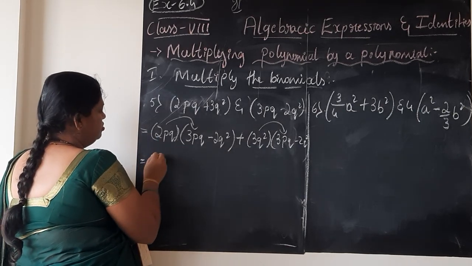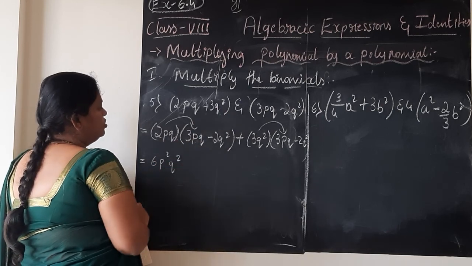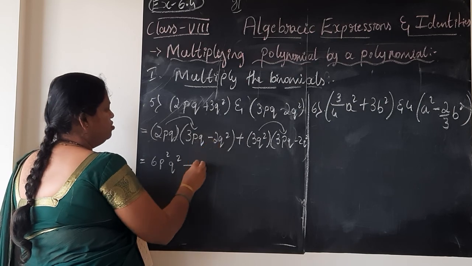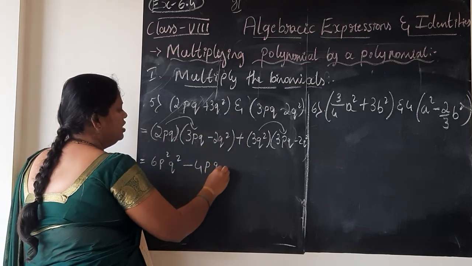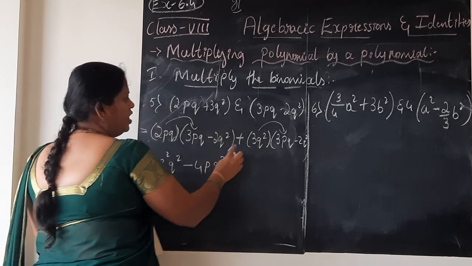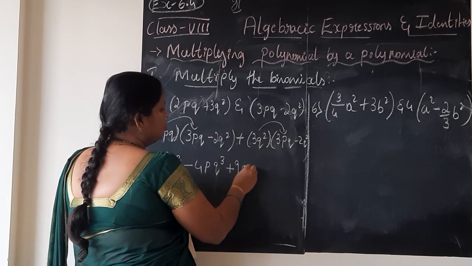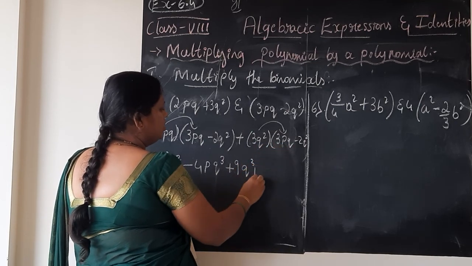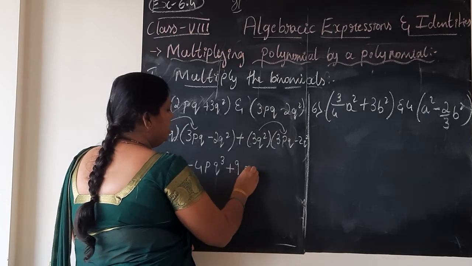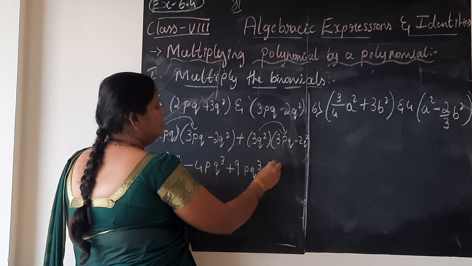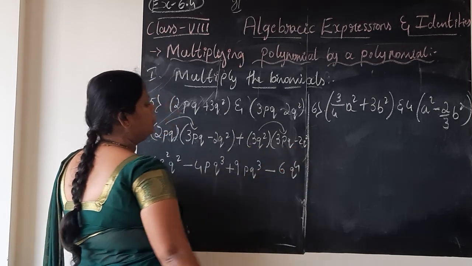So constants first, 2 3s are 6, p into p square, q into q square, plus into minus, 2 2s are 4, p into nothing is there means p, q into q square, q cube, plus into plus, 3 3s are 9, q square into q cube, before that p is there with the term, right, as it is, p q cube, p first, q next, so p q cube, plus into minus, 3 2s are 6, q square into q square, q to the power 4.